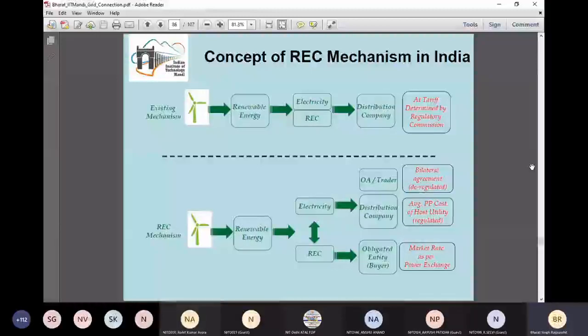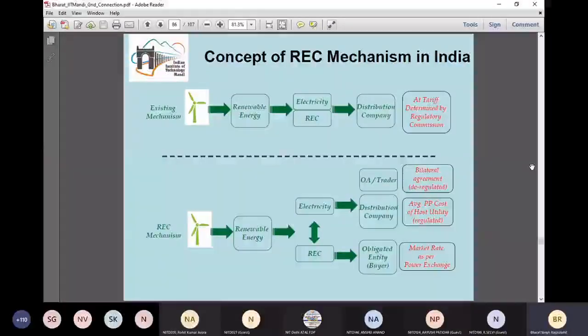Fine. But now see the below figure. In the below figure, which is known as the REC or renewable energy certificate mechanism, let's see how it is working. In this case, renewable energy is divided into two components. One component is the actual electricity, and the other is known as the attribute of the renewable energy.